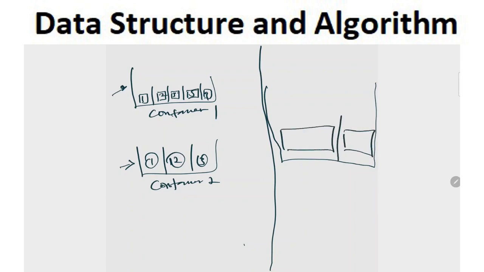So the first container contains 1 as a data, it contains 2, it contains 3, it contains 5, and it contains 9. The second container contains 1, it contains 2, and it contains 3. Do you get? So this one here like this. Now 2DArray is that. So 2DArray is basically one big container where other containers are inside.